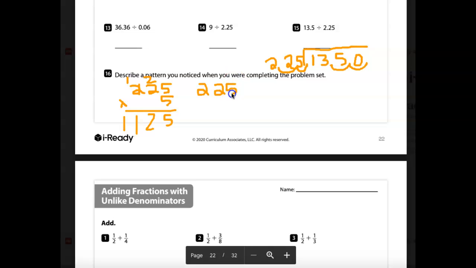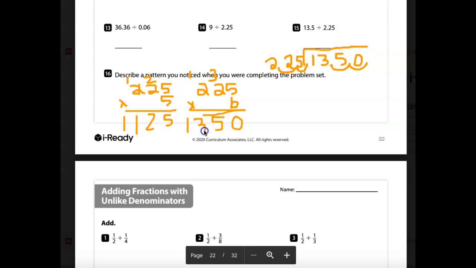Let's try 6. So 6 times 5 is 30. Put down your 0, carry your 3. 6 times 2 is 12, plus 3 is 15. 6 times 2 is 12, plus 1 is 13.